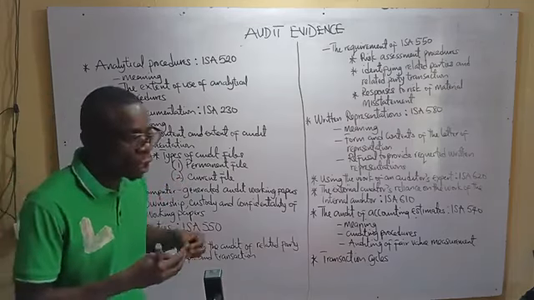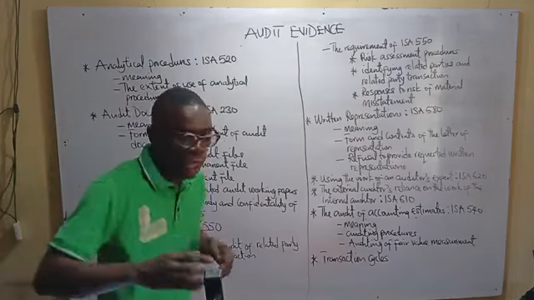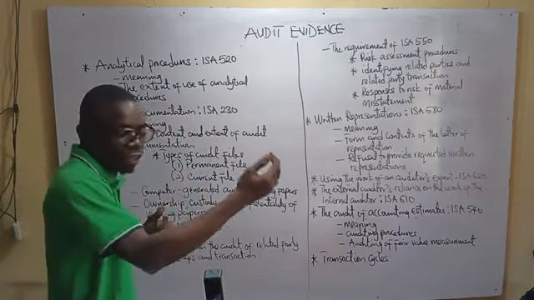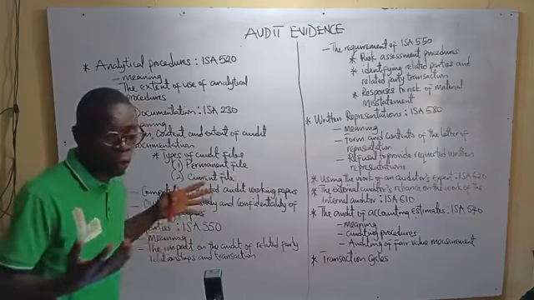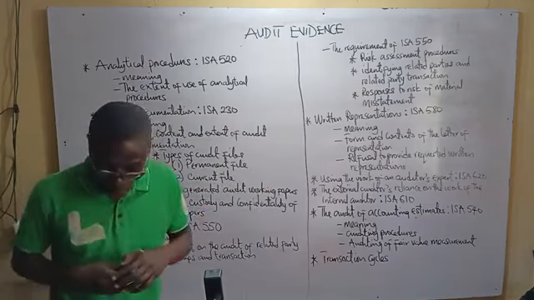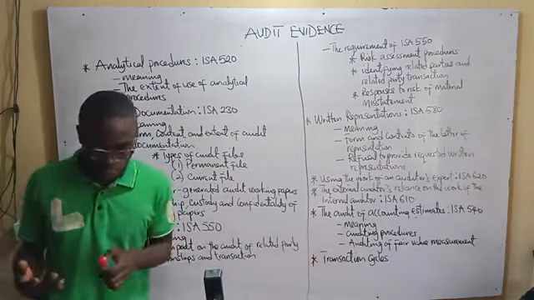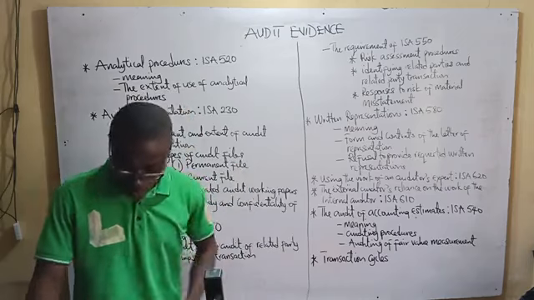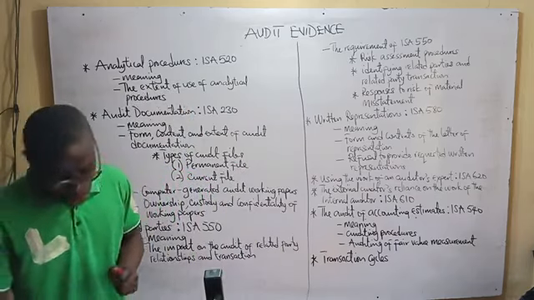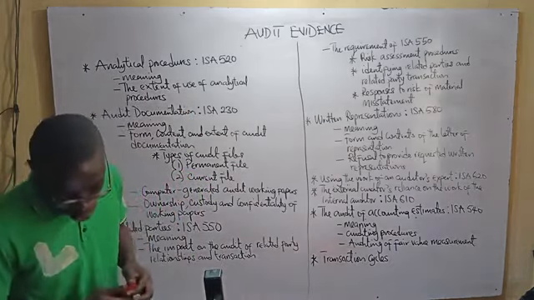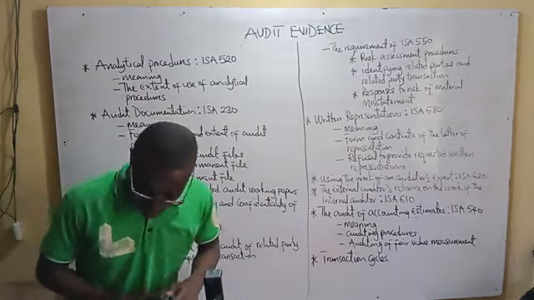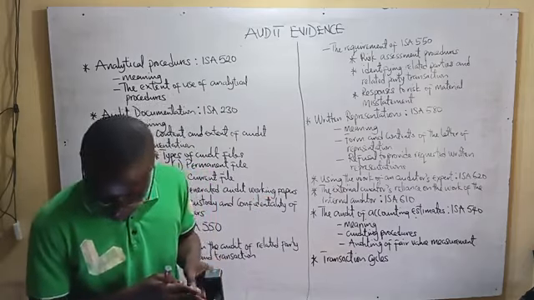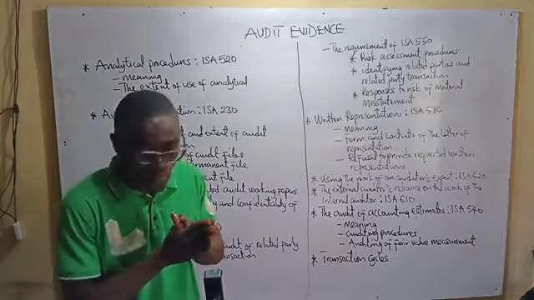And if some part of the data is not correct, that means there is a limit to the extent to which you can use analytical procedure. So the auditor will also consider these factors to know the extent to which he can use analytical procedures. Now, lastly, the auditor is required to determine the level of difference from the expected amount that is acceptable without further investigation.